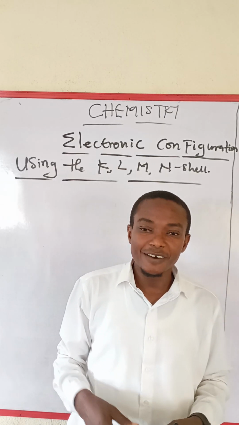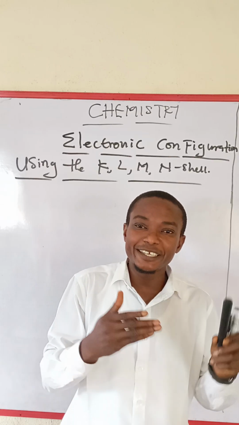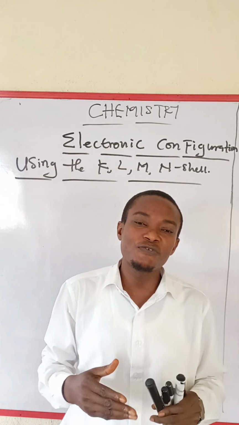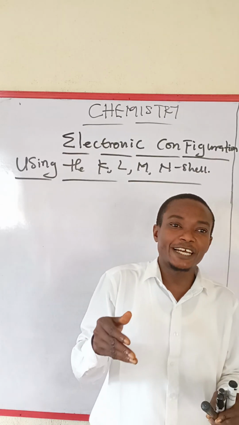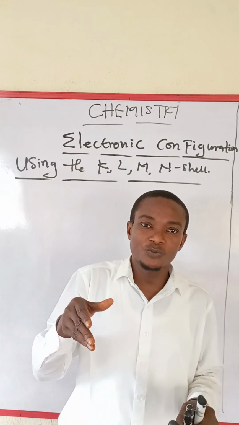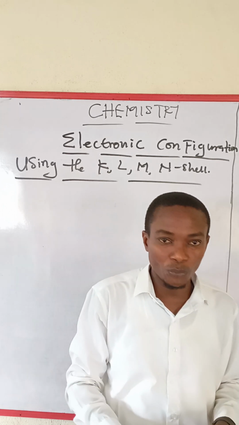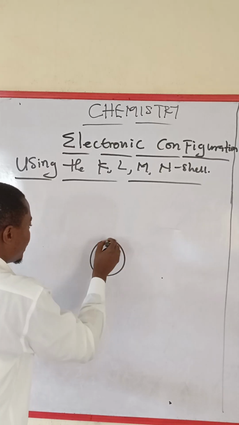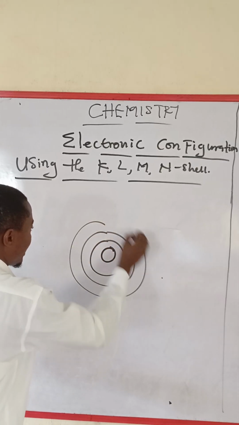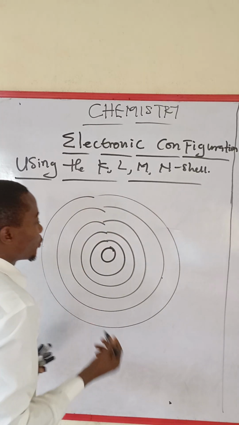Now, how do we write the electronic configuration for the first 20 elements? Before we go into this, we are going to look at a concept given by a scientist called Niels Bohr. Niels Bohr described the atom using the principal quantum number.